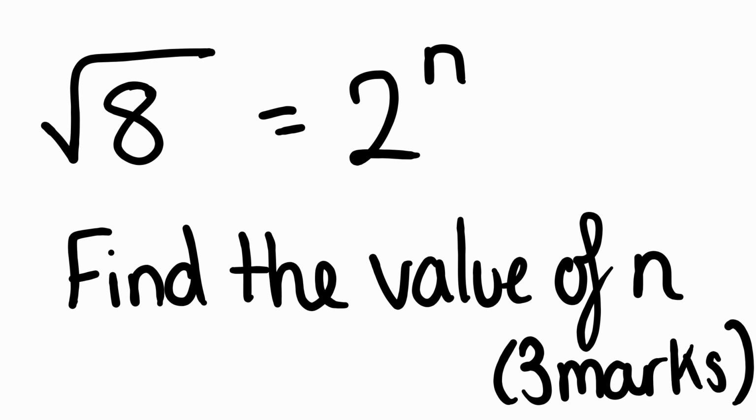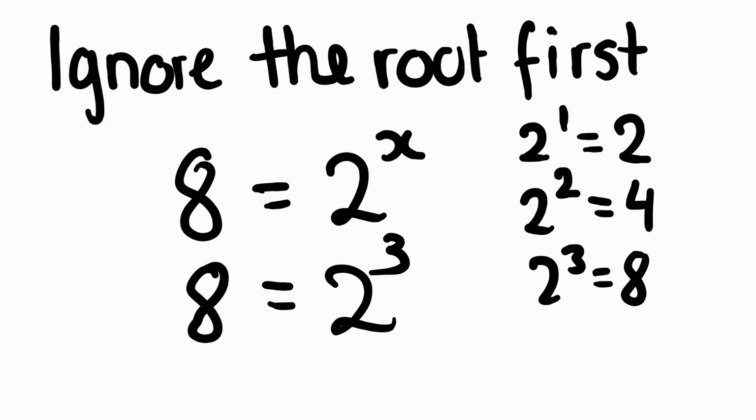Now, this is a bit of a harder question, but it is an exam question, so I want you to try and do this yourself. Okay, so to work this out, we're going to ignore the root first. So we're going to find out what 8 is equal to 2. So 2 to the power of what makes 8. And if we go up our 2 times table, so 2 to the power of 1 is 2. 2 to the power of 2 is 4, so 2 times 2.